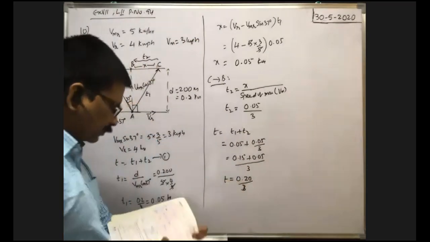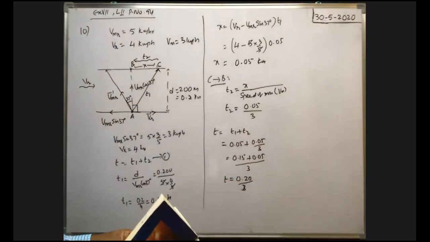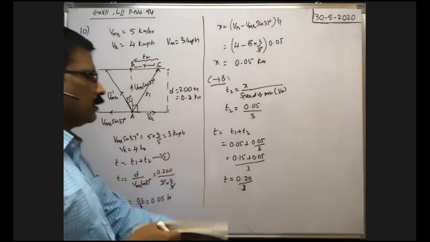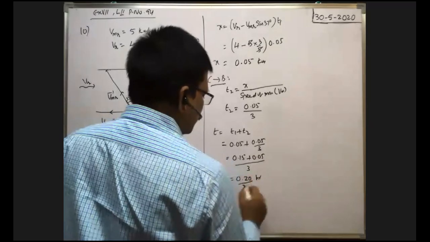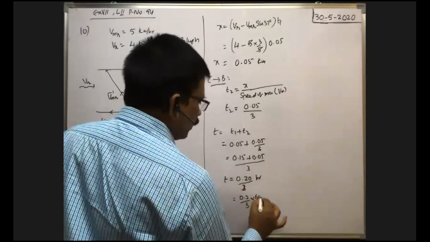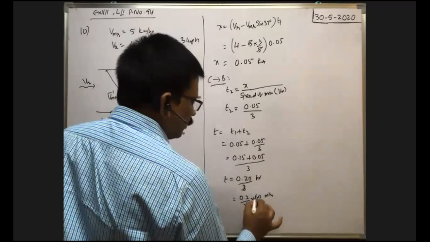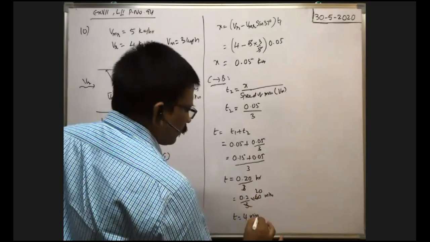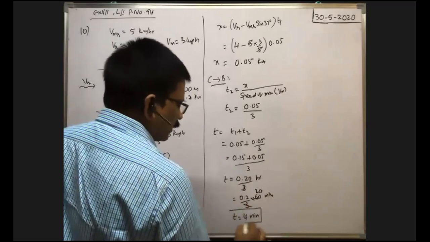It is the T value, that is hours, 0.2 by 3 hours. In minutes they asked, so here this is hours. Therefore in minutes, 0.2 by 3 into 60 minutes. When you multiply them you will get 4. Therefore T is equal to 4 minutes. This is the answer.